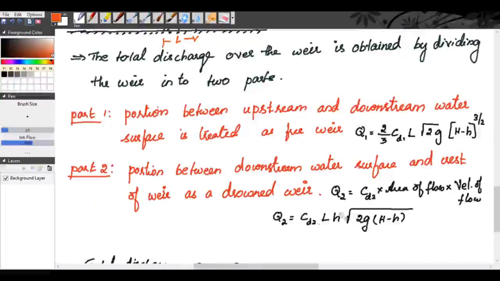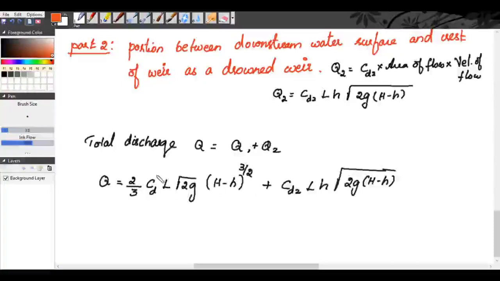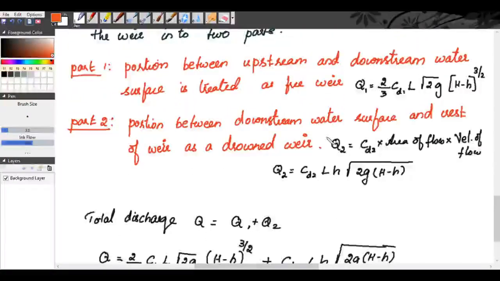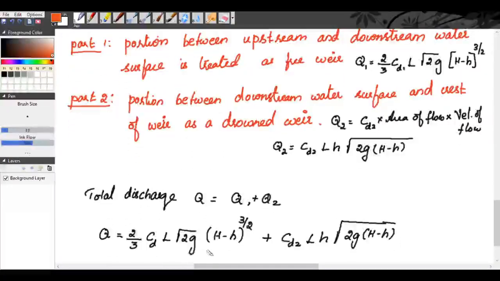So Q2 is CD2 L h into root of 2G into (H minus h). So total discharge is the summation of Q1 plus Q2.